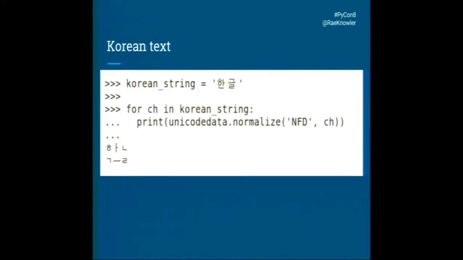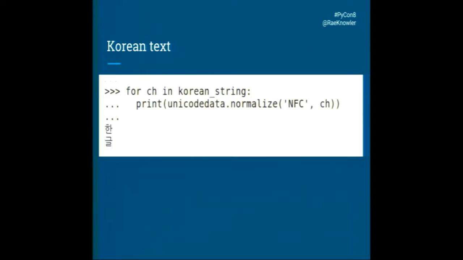And again, because it's a nice recognizable example, I have the word Hangul. And you see, if I tell unicodedata to normalize this to the normal form D, decomposed, it decomposes it for us, beautiful.